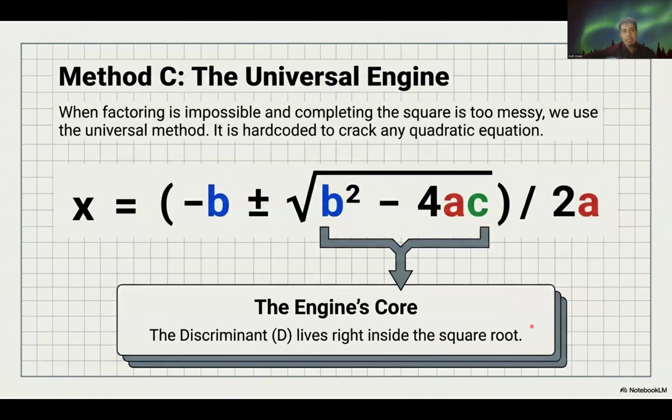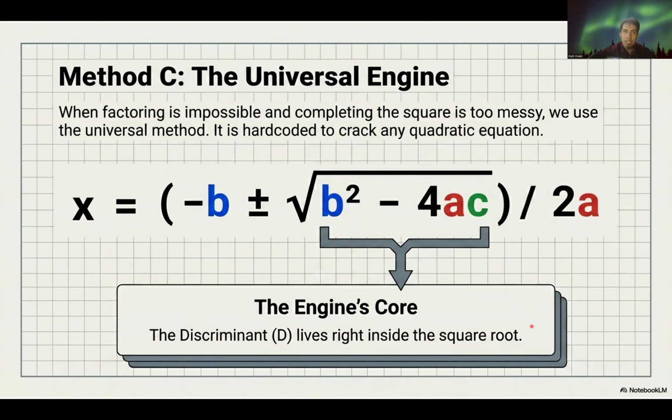Okay, the next is the universal engine method, or we say that this is the ABC formula.